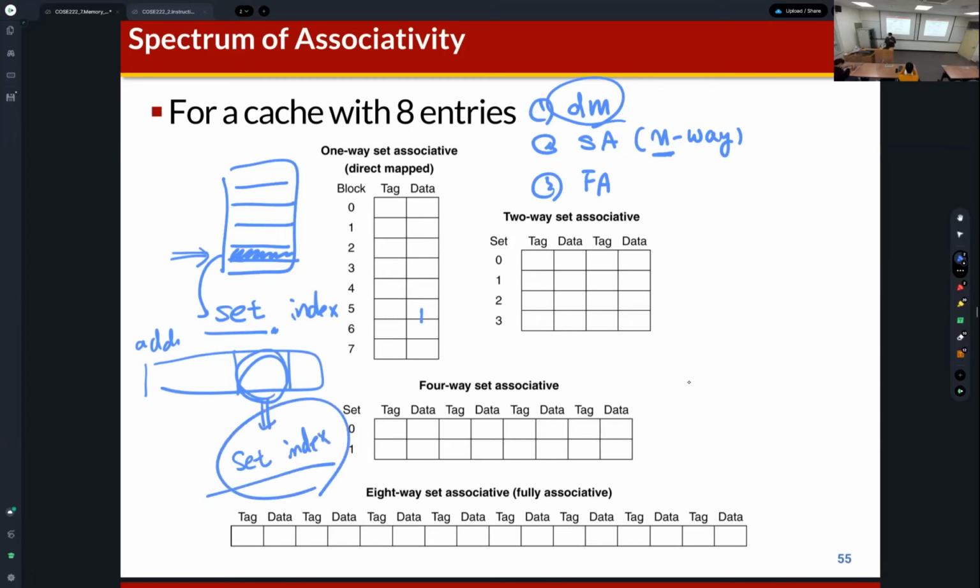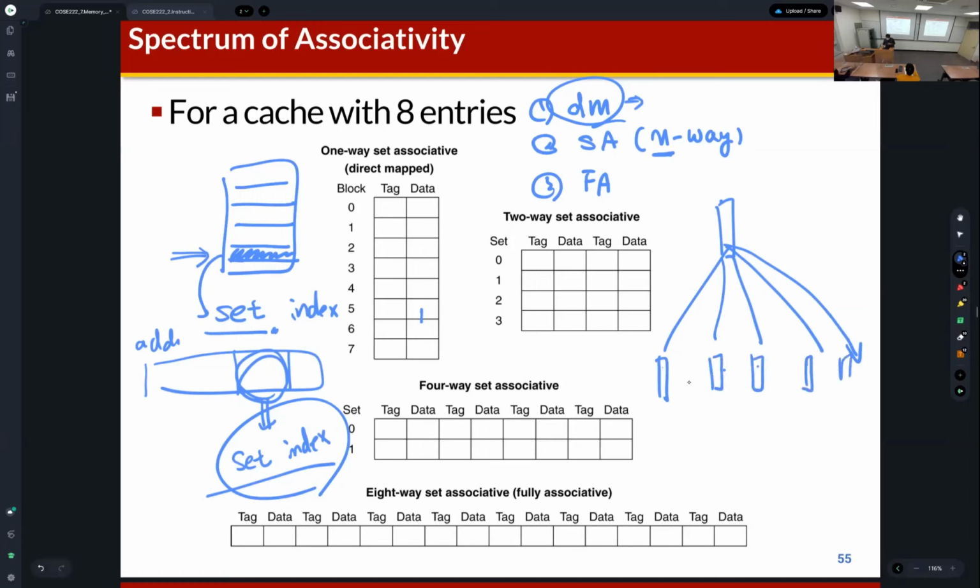So a direct mapping cache means a cache has one block per set. This set can be mapped to multiple memory blocks, but when these memory blocks are requested by a processor, this set can only contain one block.